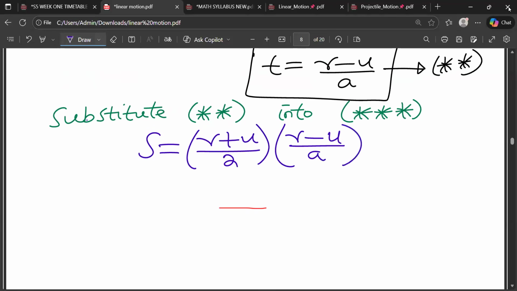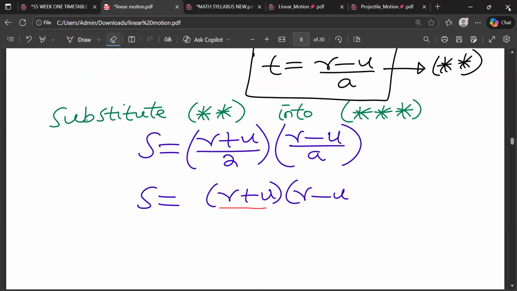That's what I'm putting, like that. If you have a very keen eyesight, this one will be v plus u, this one will be v minus u. Who can tell me, what do you see on top? How is it called, and what will it give us eventually?